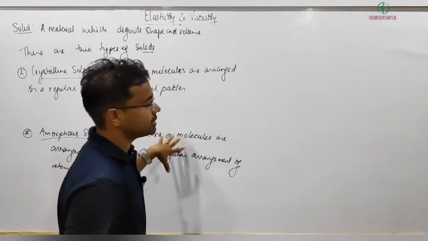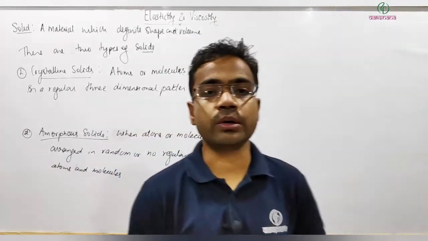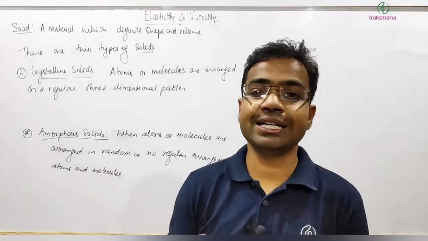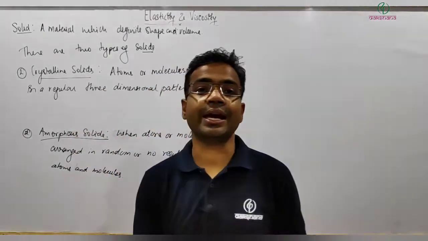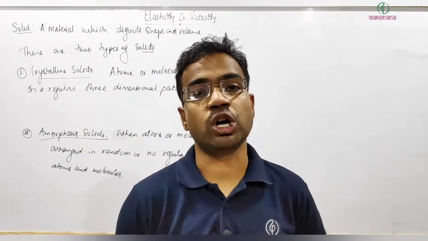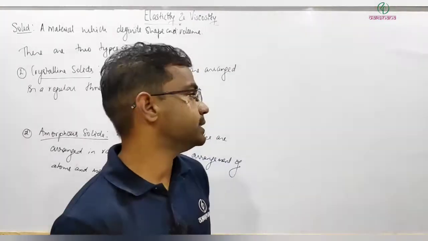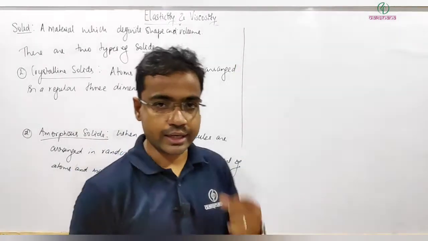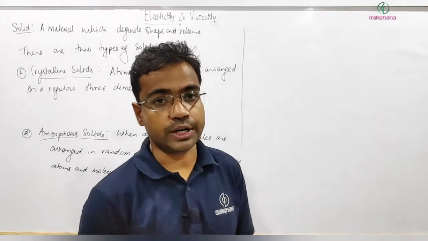So these are few terms related to solid. We are not going to talk about these in much detail. You will study about these things in chemistry in the chapter called solid state. Our focus in this chapter is something else, that is more about understanding some mechanical properties of solid.